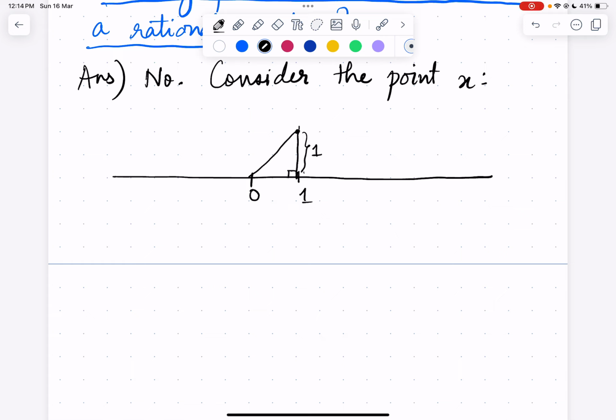And then consider this length of the hypotenuse x. Then take a circular arc, and the point where the circular arc meets the line, you call that point x.